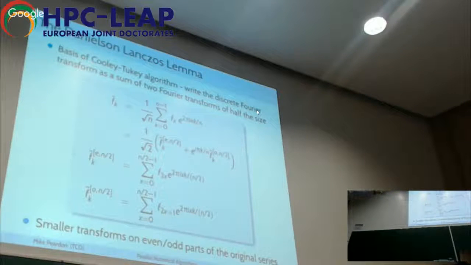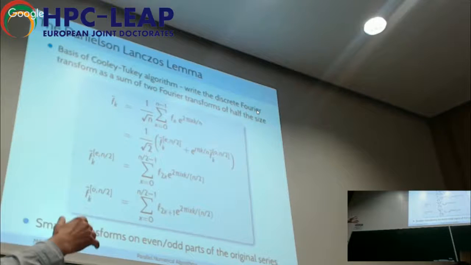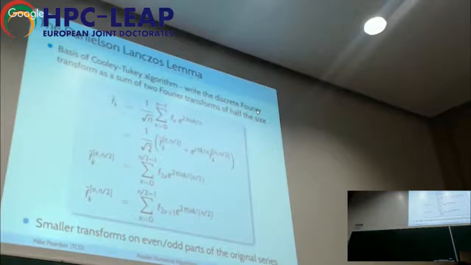And they're the Fourier transforms over the data set that I take by pulling out every other entry from my original set. And that expression is easy to see. You can just see that basically by taking the original expression, break it into 2 pieces.